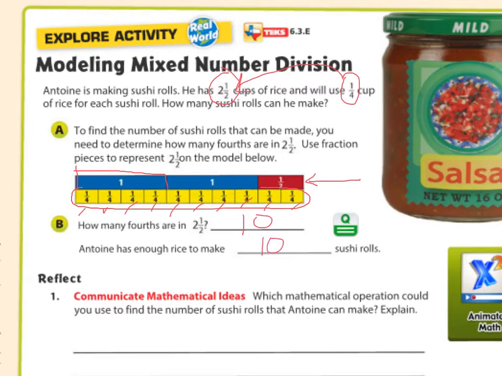And the way that we would solve this with division is we would first take what it is that's being split up. All the rice that he has, he's going to divide it equally. So that's 2.5, and it's going to be divided by 1/4. Remember that whenever we are dividing fractions, we do what's called keep, flip, flip.